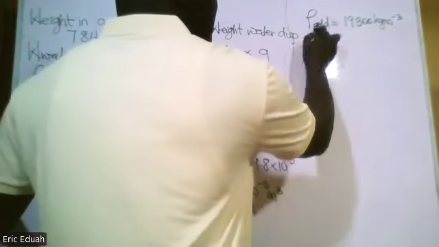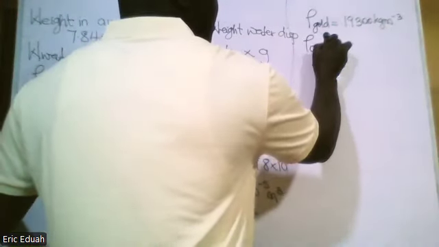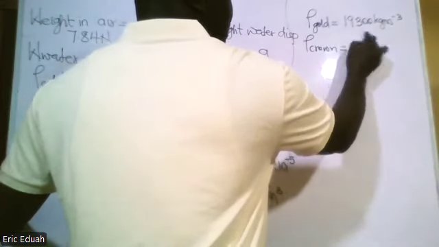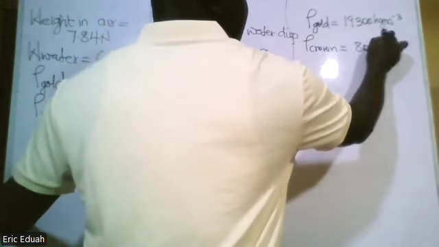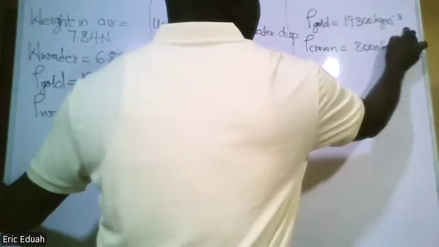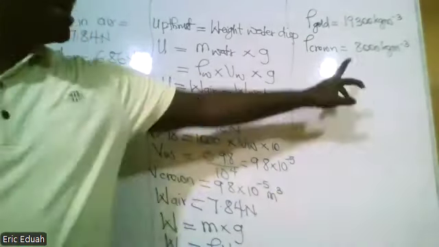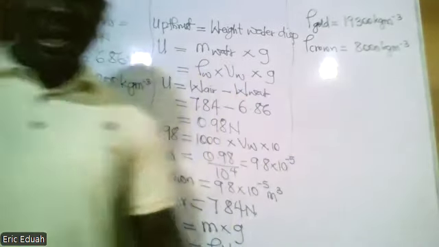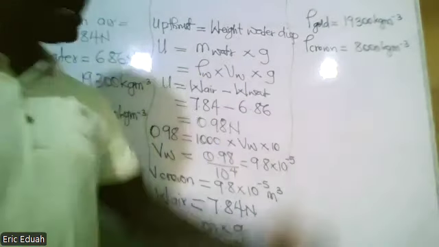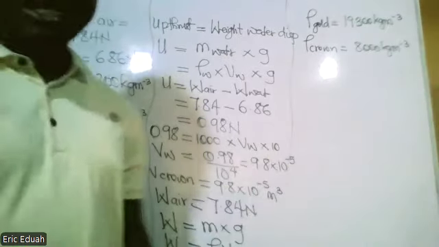Compare gold, 19,300, with the density of the crown, 8,000. It doesn't come close to, not even half of this. The density of the crown is not even half of the density of gold.